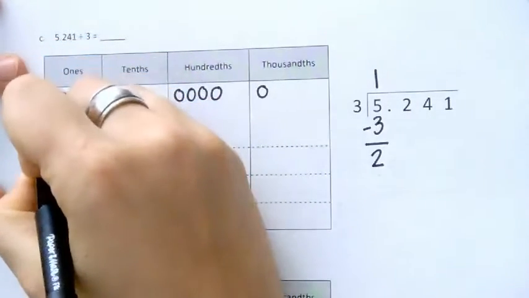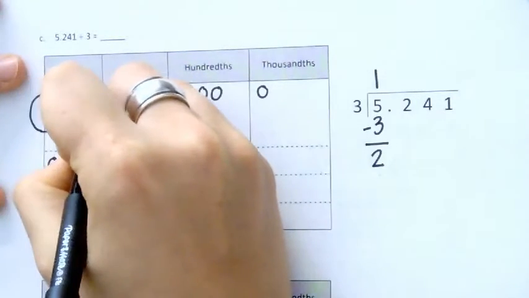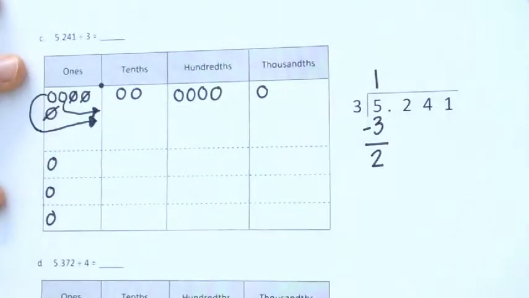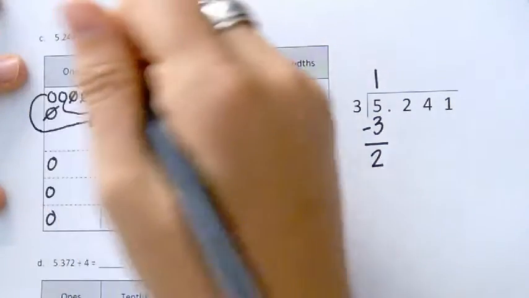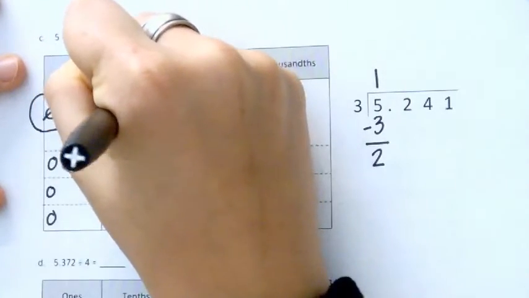So I'm going to move 2 ones over to the tenths. So guys, if 1 one is equal to 10 tenths, then what is 2 ones equal to? How many tenths? 20. So we're gonna have to put 20 discs.